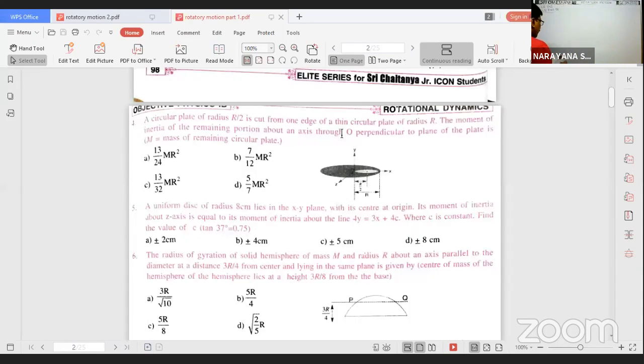A circular plate of radius r by 2 cut from one edge of a thin circular plate of radius r. The moment of inertia of the remaining portion about an axis through O perpendicular to the plane of the plate is. Here, fourth problem in level 2.